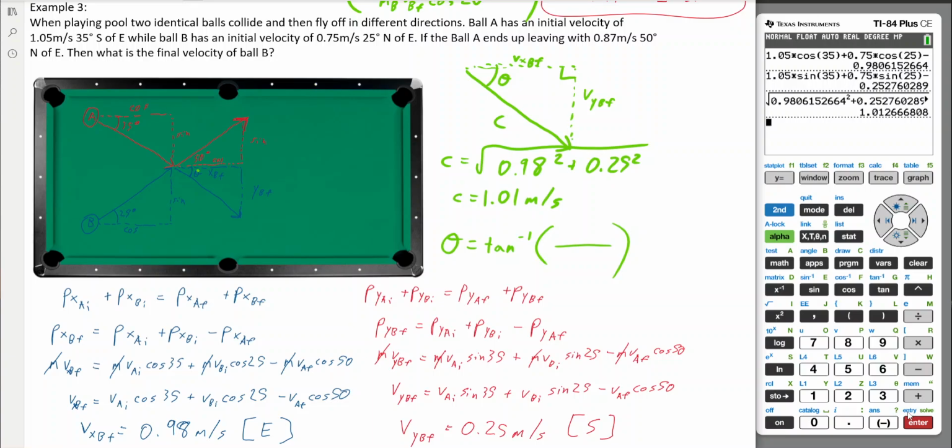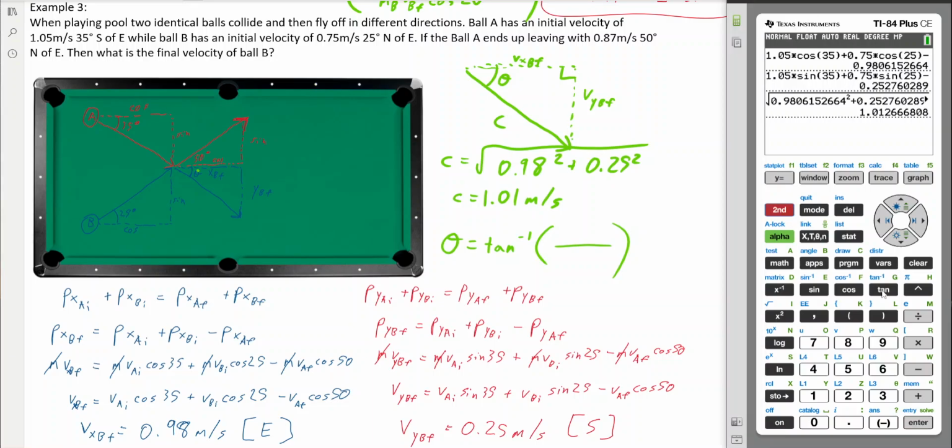Okay, now let's look at the tangent situation, which is going to be a similar sort of thing, but we're doing opposite over adjacent, so it's going to be the y values over the x values. So it's going to be this number over this number.